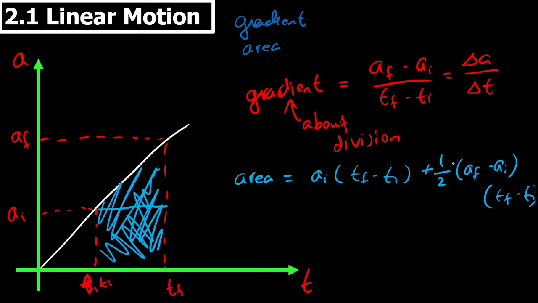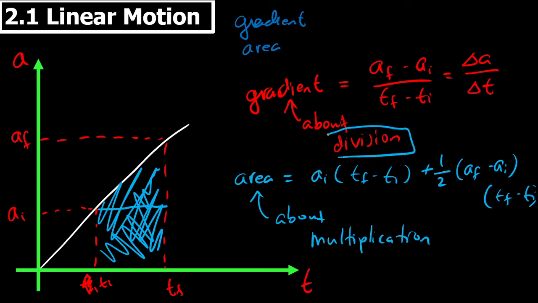So as you can see, for area under the graph, it is about multiplication. So these two ideas are very important: division and multiplication.